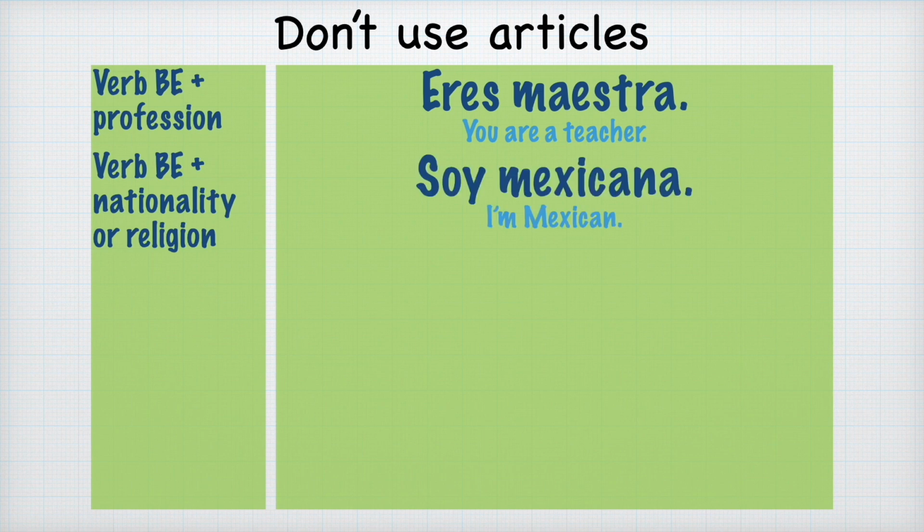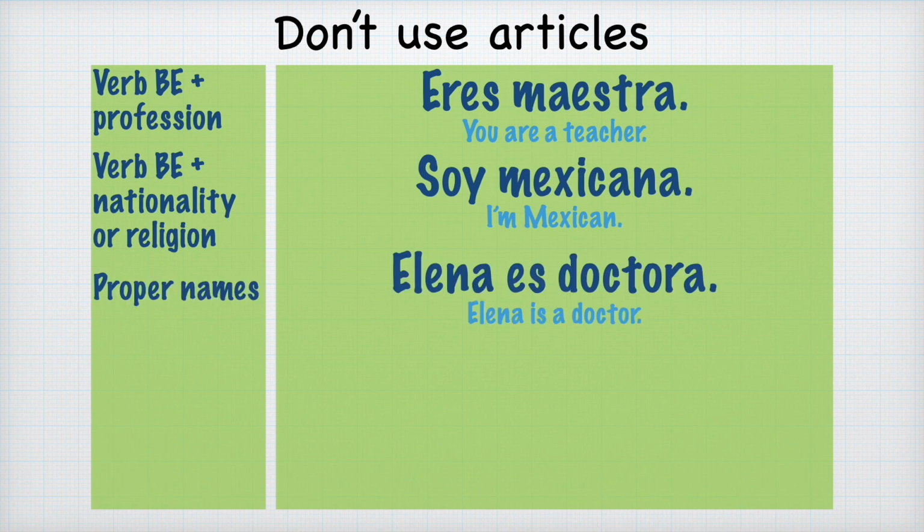For example, soy mexicana. It means I'm Mexican. We don't use an article with proper names. For example, Elena es doctora. Elena is a doctor. So here we have Elena as the proper name, and we also have a profession. We're not using any of the articles in this structure.